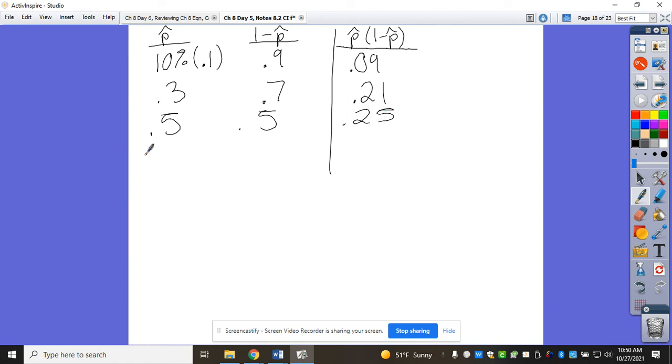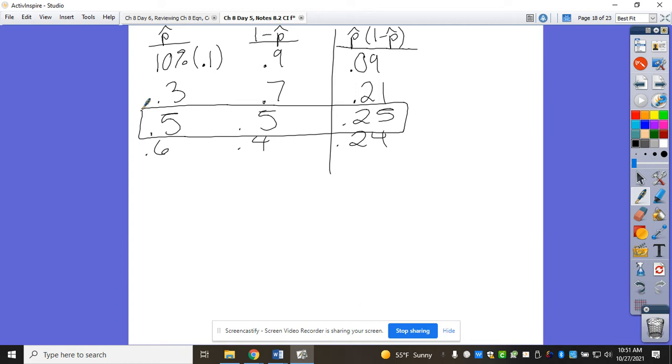If I keep going from there, what's 0.6 times 0.4? So what is the biggest product of all combinations of p hats and 1 minus p hats I could have? That's the highest product of any values of p hat and 1 minus p hat I could have.